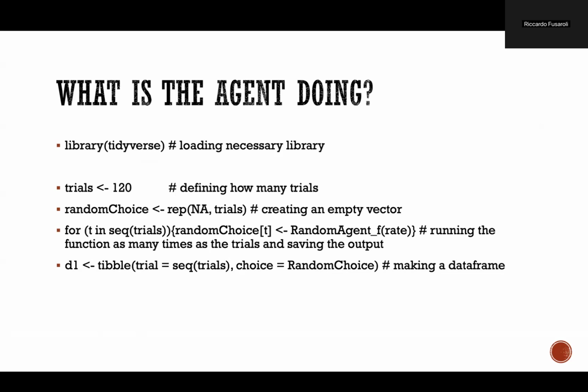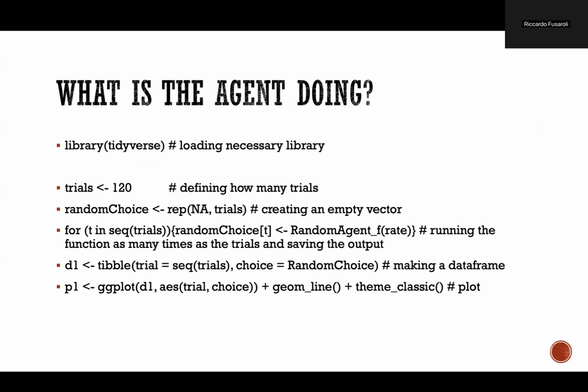We can make it into a data frame so that we can more easily represent it, right? Where we record which trial we're working with and what's the choice at that trial. Then we can do a ggplot, right? You're all familiar with ggplot, right?